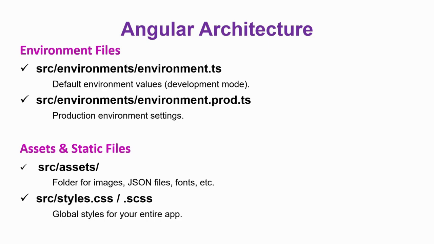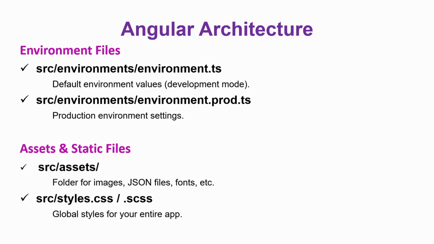Okay, so for the test environment or lower environment, you can create an environment.ts file, but when it goes to prod, then it will be an environment.prod.ts file. So all production environment settings would be here. So when it gets deployed to the prod environment, then your application should point to this prod.ts file, and it should read the information from this file.